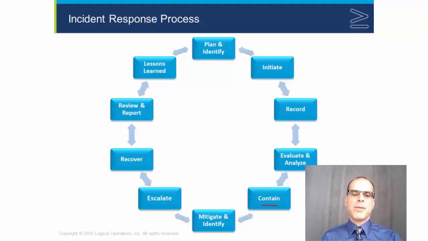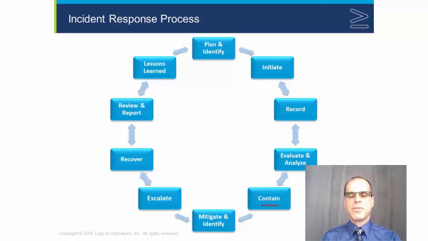We may then apply mitigations, controls that would reduce the impact to the organization and reduce the risk of this particular incident causing further harm, and possibly look at identifying the source of that particular incident so that we can reduce those negative effects. We may need to escalate issues that have been identified through to other teams or team members.